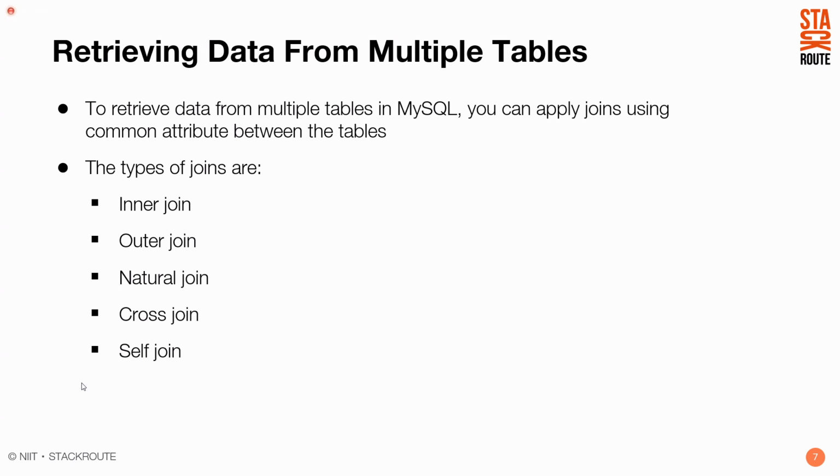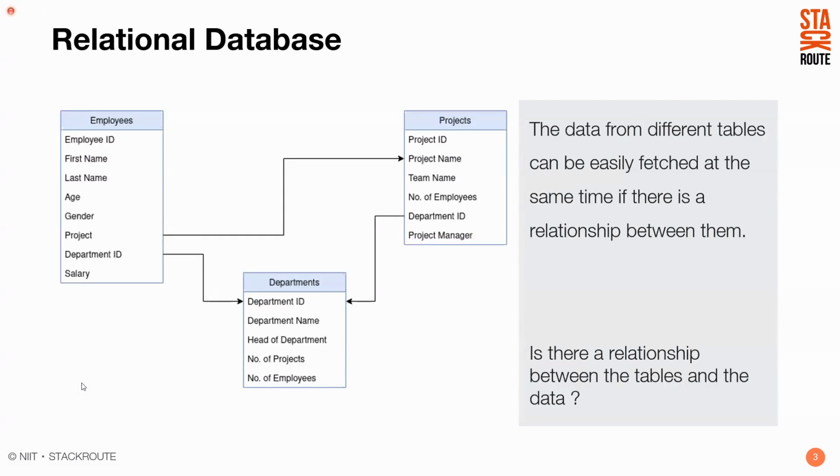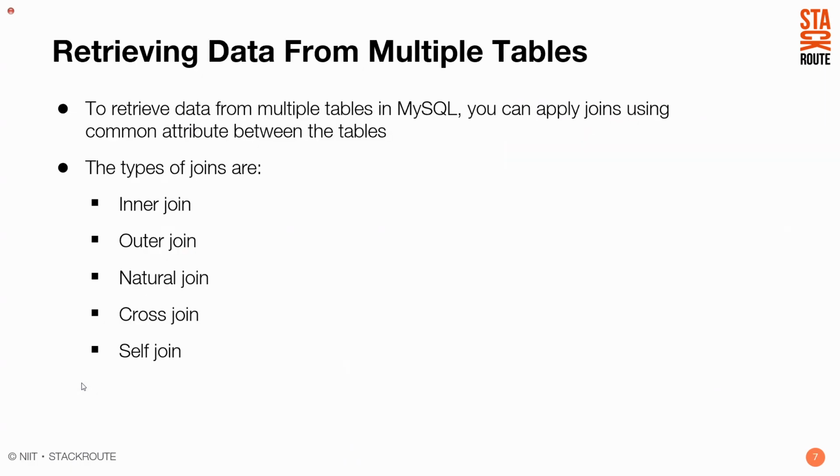In such a situation, I can combine the tables together with the help of joins. Logically speaking, whenever you have a relationship, the data will be common. So department ID will be there in the department table as well as the employee table. For sure, there will be some common data. In such a situation, I can combine using joins.